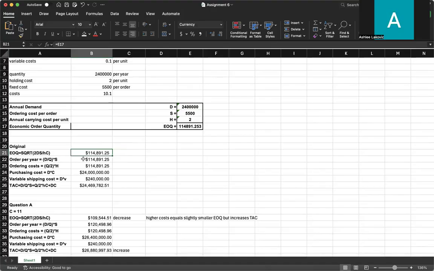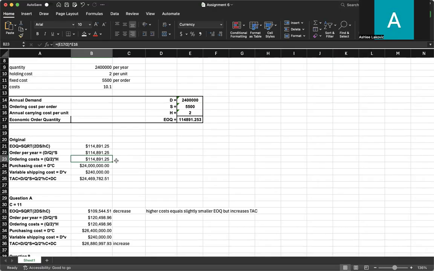Ordering per year, ordering costs, purchasing costs, and variable costs. All of these add up to our TAC here. So moving through them, ordering per year is demand divided by the EOQ times the ordering cost per order.